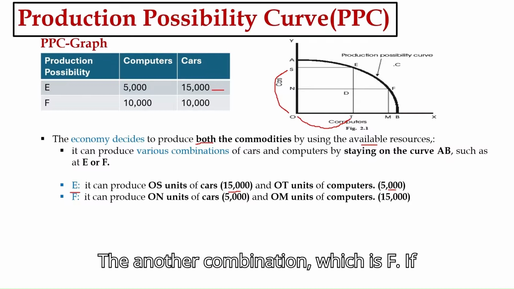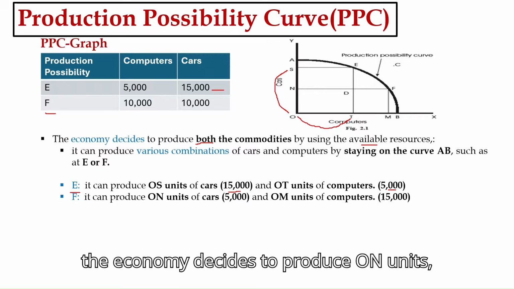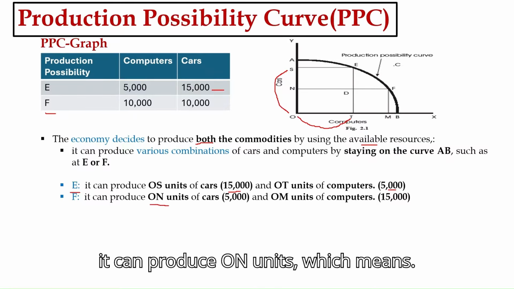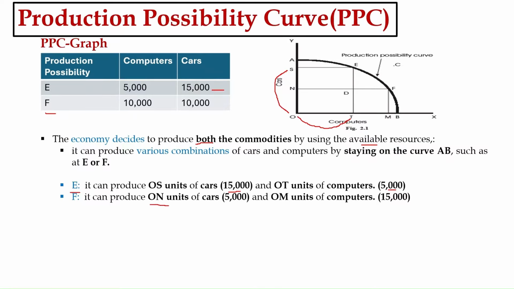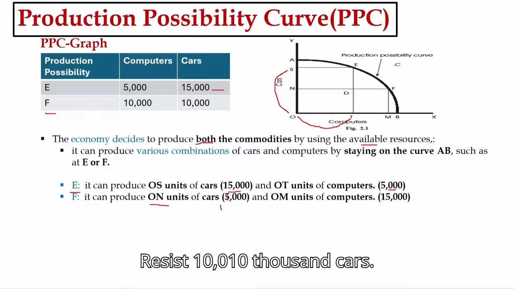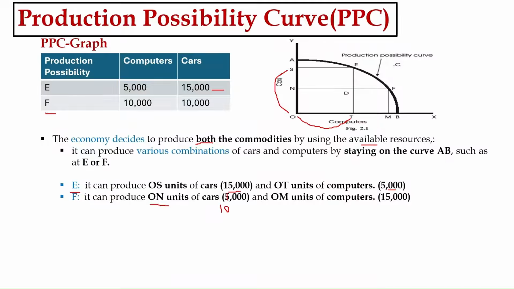Another combination, which is F, if the economy decides to produce ON units, this is 10,000 cars, and OM units.